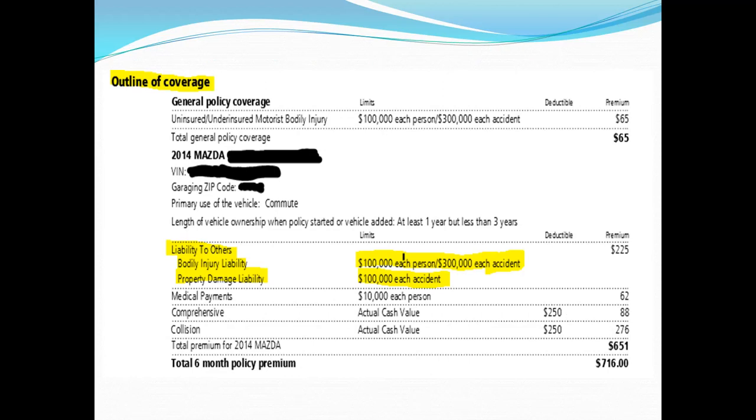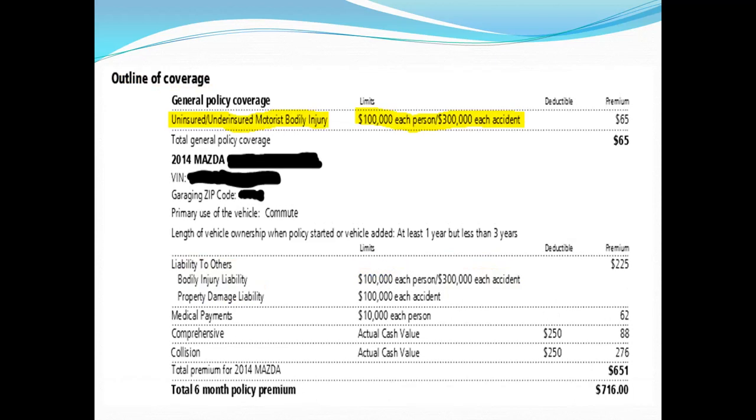It shows when you're at fault in an accident, it will pay up to $100,000 each person maximum, or if you injured more than one person, it can pay up to $300,000, and it will also pay up to $100,000 for property damage.